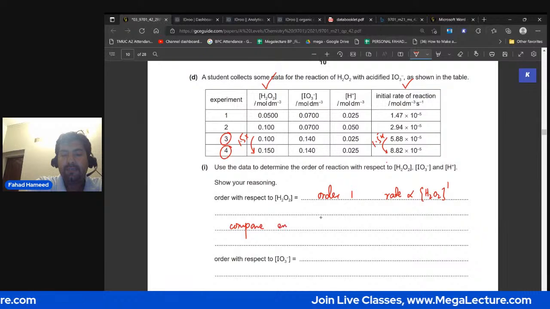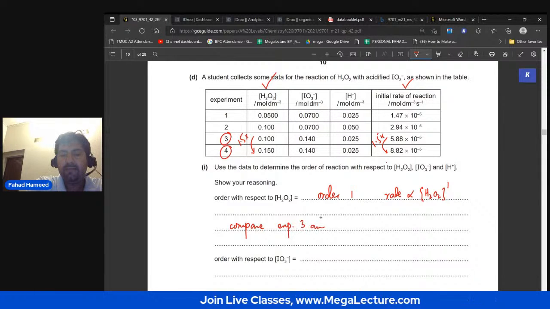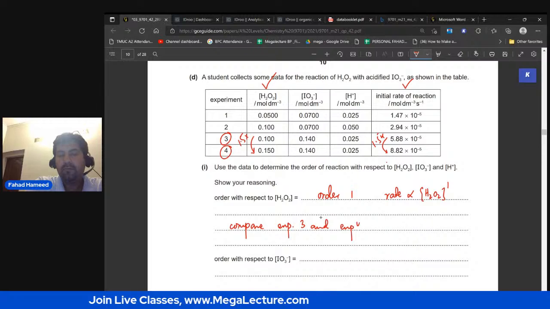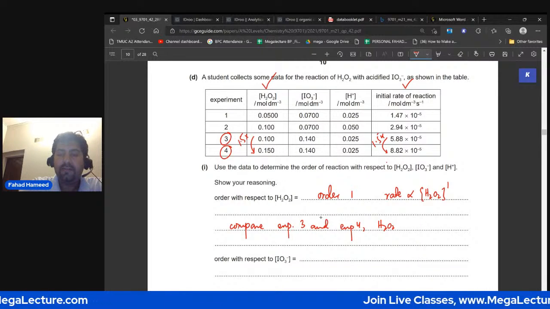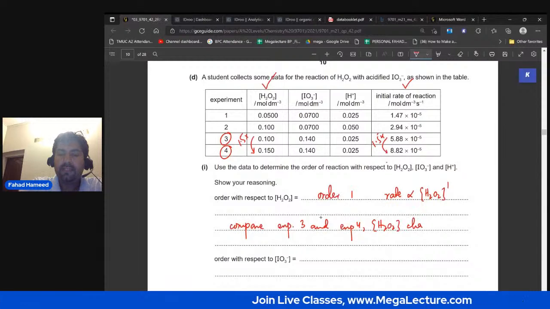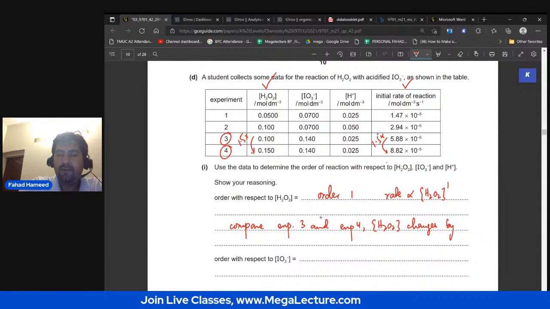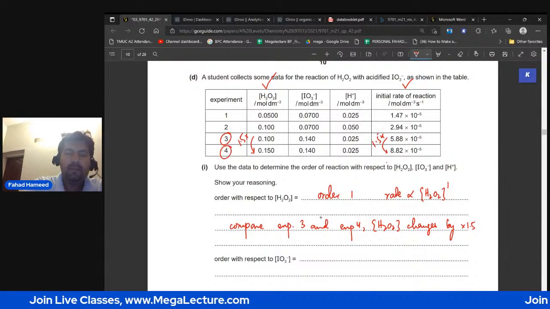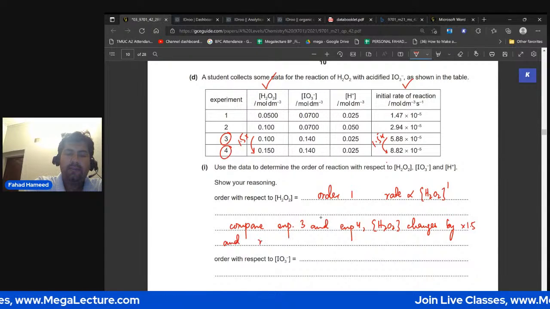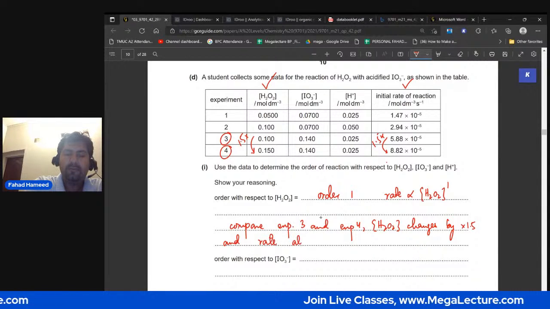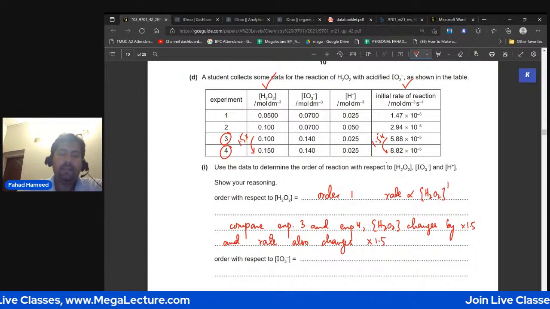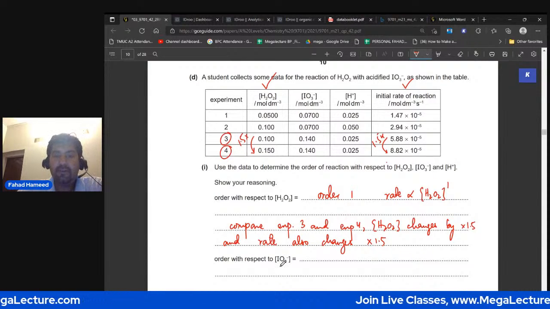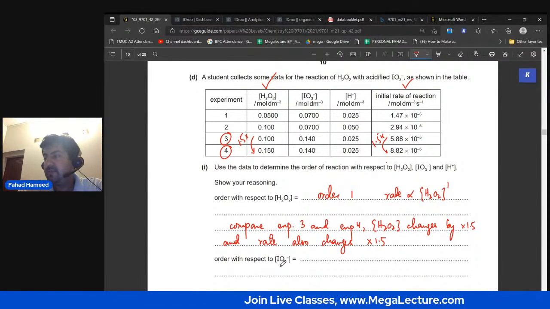If you compare experiment 3 and experiment number 4, you're going to write that the concentration of H2O2 changes by 1.5 times, and your rate also changes 1.5 times. So that's how you figure out the order with respect to H2O2.